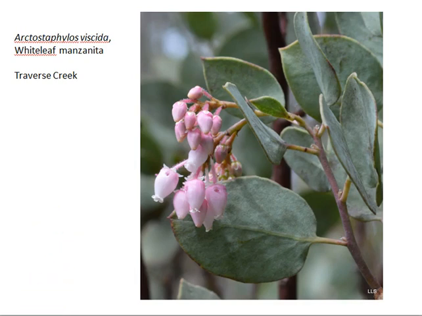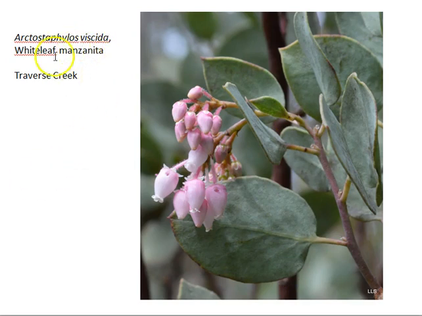Okay, and I'm really talking about the subspecies viscida because, like I said, the other 2, one is on serpentine and coastal, and one is in southern Sierra. But this Arctostaphylos viscida, subspecies viscida, is one of the most common and wide-ranging manzanitas in California. It's called whiteleaf because you can see this white bloom. It's a waxy covering on both sides of the leaves.